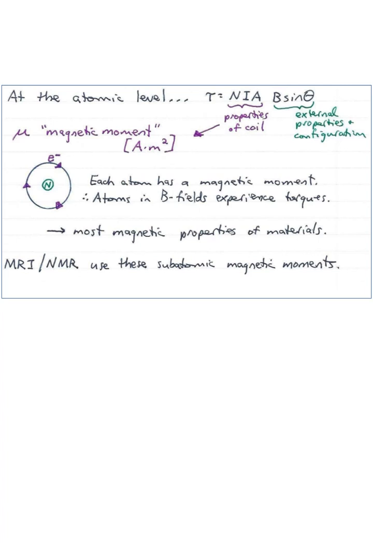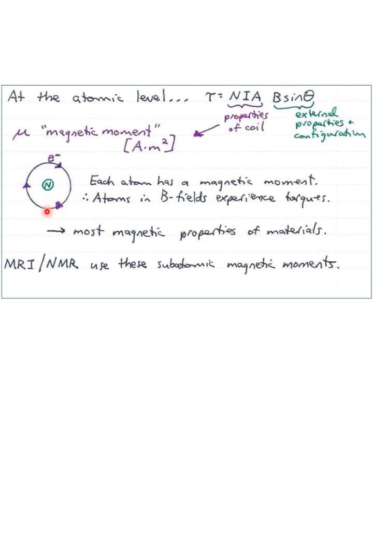At the atomic level, each atom has what's called a magnetic moment. And let's look at this equation, thinking of it at the atomic level. So torque equals NIA. Now these are the properties of the coil when we're talking about a coil. And when we think about the atom, it deals with the current.